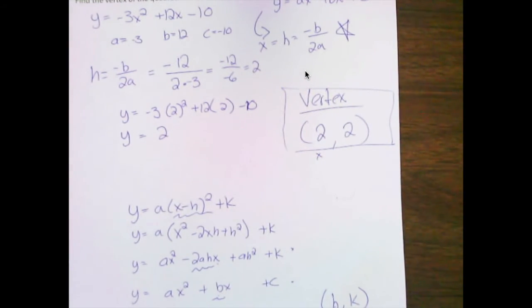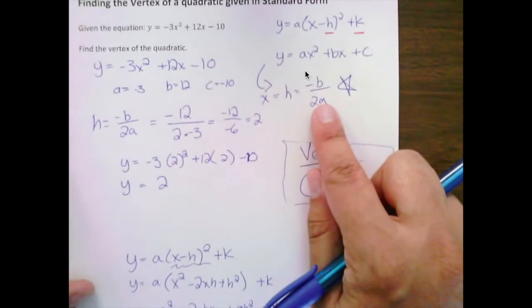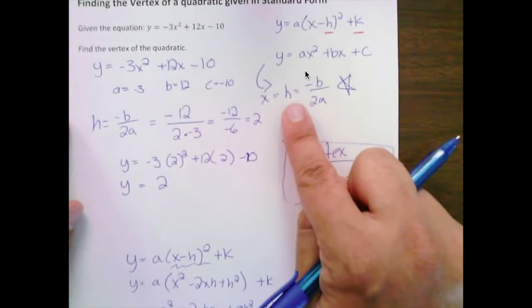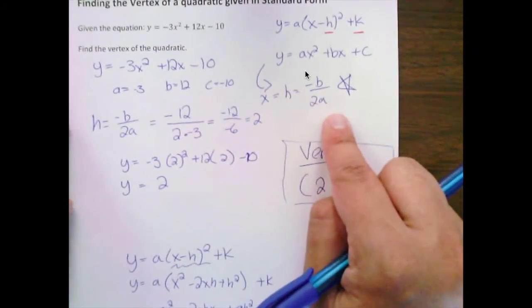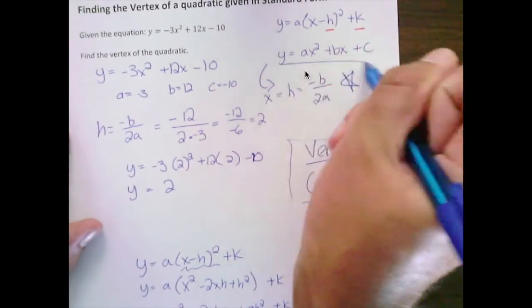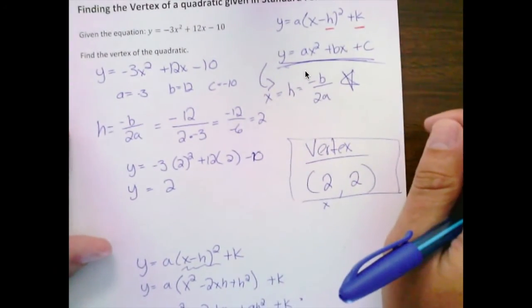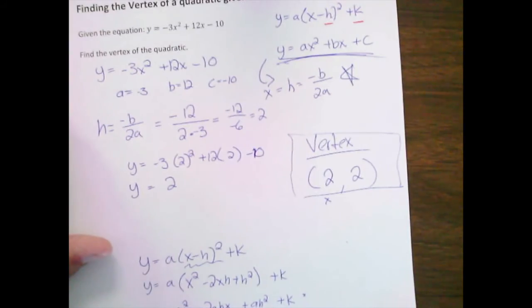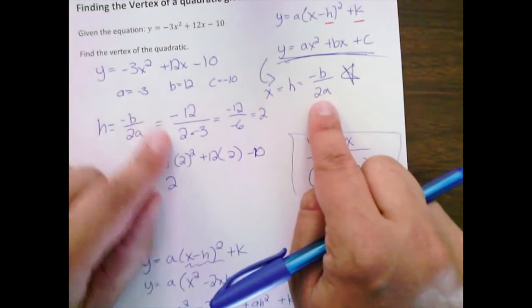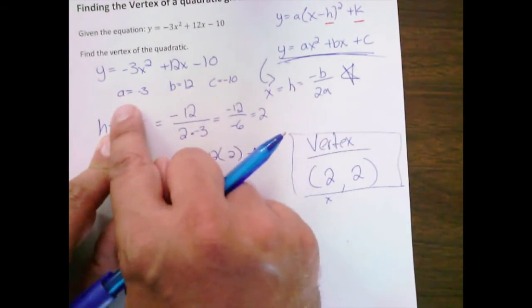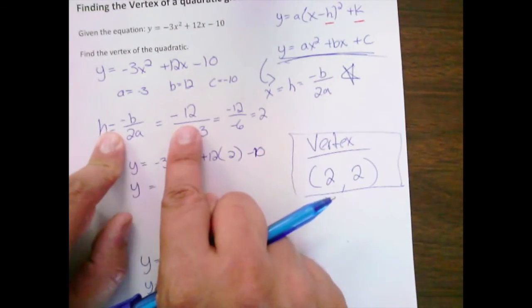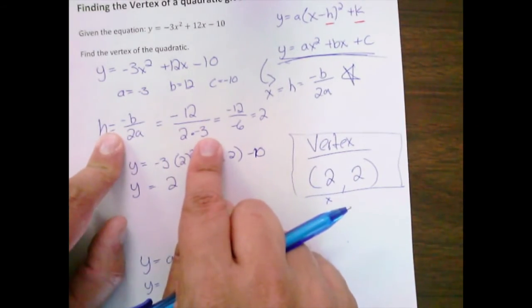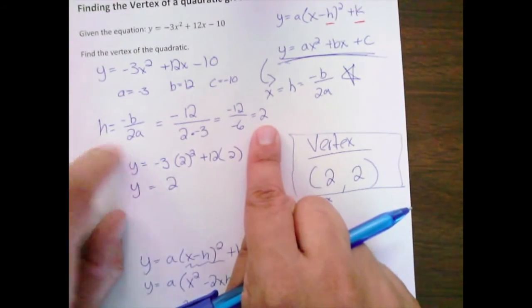Again, a quick overview of how we got here. We're going to use the fact of x equals, or h equals, negative b over 2a. And this works entirely for standard form, not any other form. I take negative b over 2a, so I figured out a, b, c, plugged in and set up my negative b over 2a, simplified and got an answer.